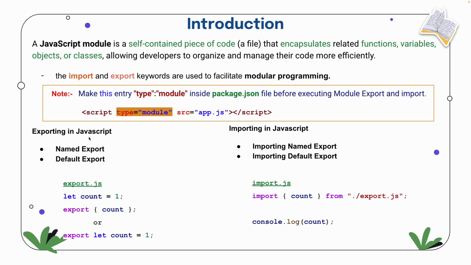So there are two ways of exporting. One is named export and one is default export. What named export and default export are, I'll explain further on. Named is nothing but having some name. See, you already know functions like anonymous functions and normal functions. A normal function will have a name, right?